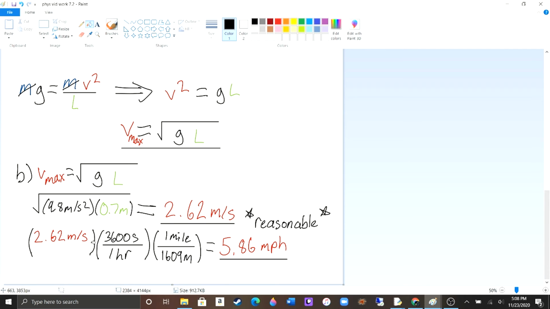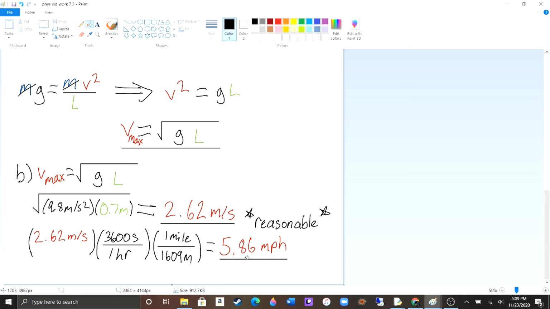And then we can use some conversion factors. To get it from meters per second to meters per hour, we just multiply it by 3600. And then to get it from meters per hour to miles per hour, we just use this.